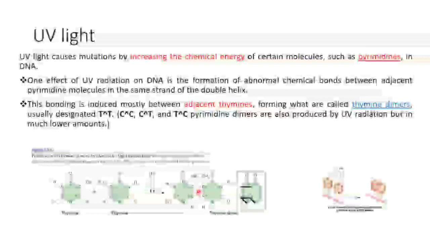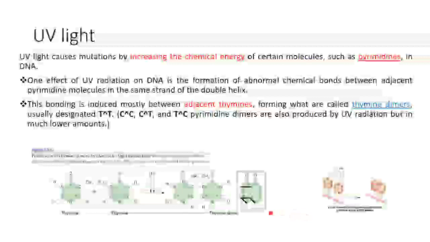So we get a bond between the two thymines, leading to the production of a thymine dimer. This is an example with thymine, but it could also be cytosine-cytosine, cytosine-thymine or thymine-cytosine. Different combinations of pyrimidines all work, but what we see most is between two adjacent thymines to create a thymine dimer.